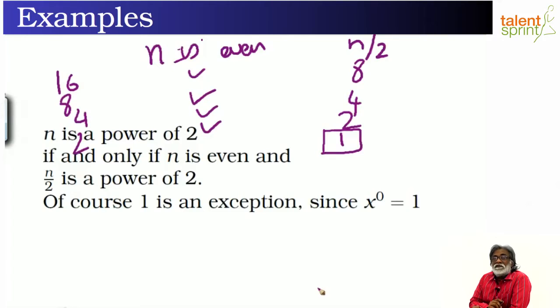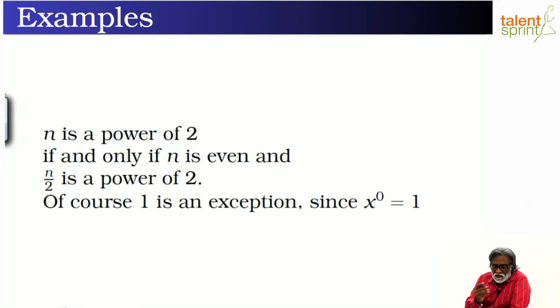So let's summarize. We start with a problem, we divide it into a smaller version of the same problem, and we have some special case or an end case for which we know the answer to the original problem. How does that apply to this? Is even, is power of 2, sorry.